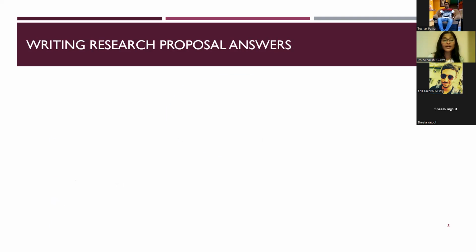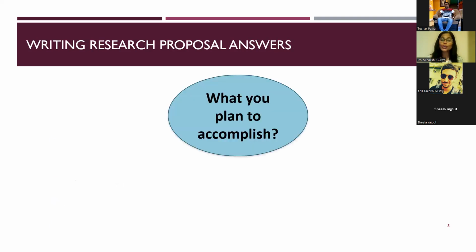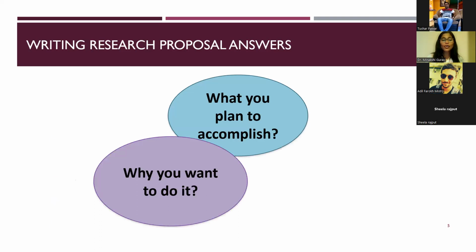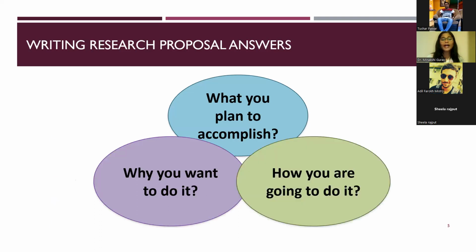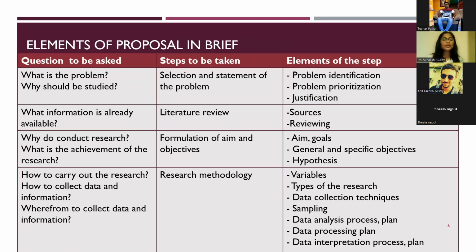So writing your proposal answers what you plan to accomplish, what you want to do, and how you are going to do it. See, now it's a very nice chart. Of course, I shouldn't forget to write the credits, but credits must be down below. It's not made by me, but I found it very useful and I have pasted it.